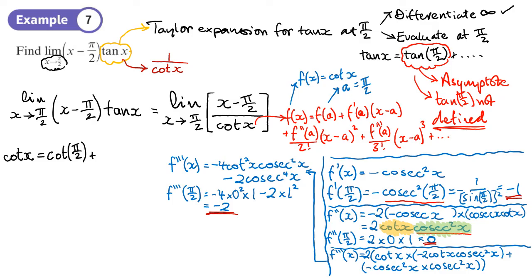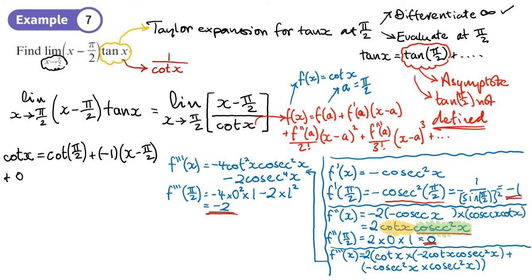That was negative 1, times by x minus a, so that's x minus pi over 2, plus, okay, f double dash of a, which was 0.